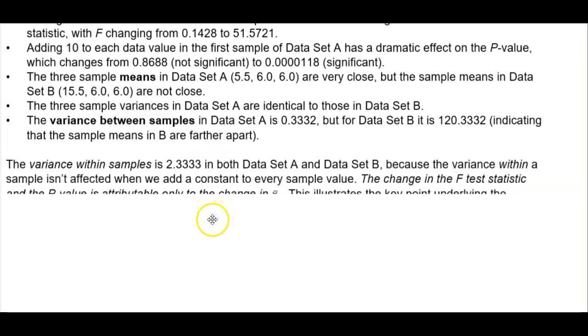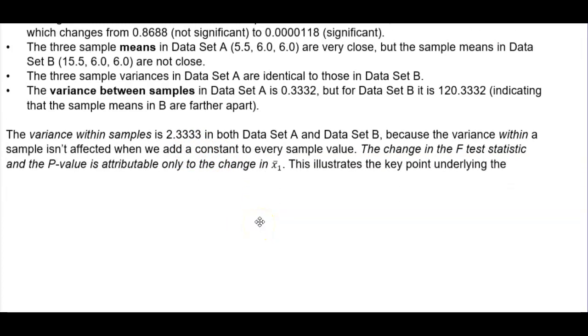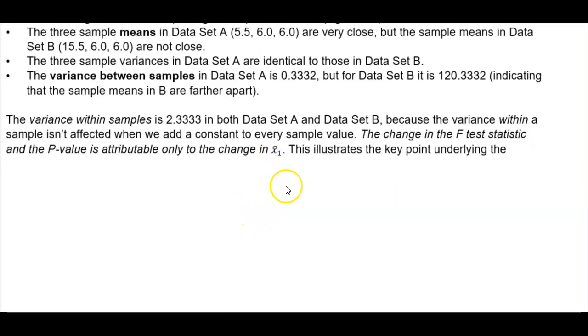Now the variance within the samples is 2.3333 in both dataset A and dataset B, because the variance within a sample isn't affected when we add a constant to every sample value. The change in the F test statistic and the p-value is attributable only to the change in sample mean 1.